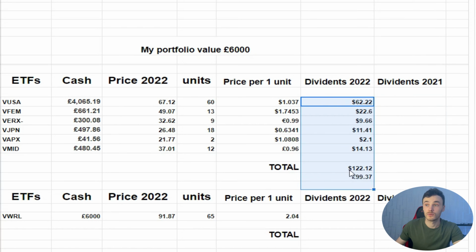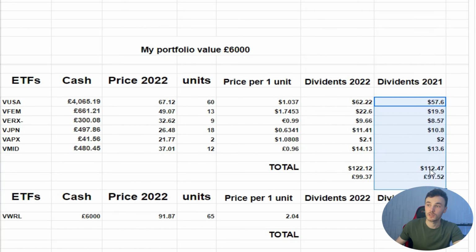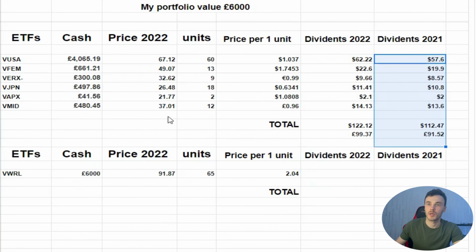That makes a total of $122 or £99.37. That's not bad. In 2021, $112 or £91. And let's make a comparison with VWRL. The same amount of money, £6,000.